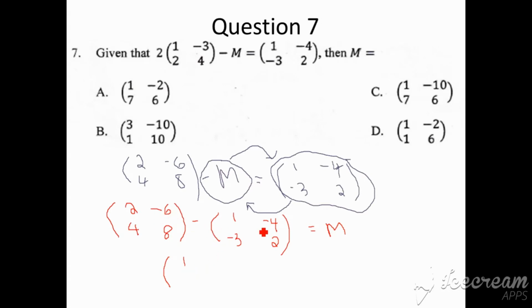Negative 6 minus negative 4. So negative, negative, positive. Negative 6 plus 4, negative 2. 4 minus negative 3. Negative, negative, positive. 4 plus 3, 7. 8 minus 2, 6. Equals m. So the answer is 1, negative 2, 7, 6, A.